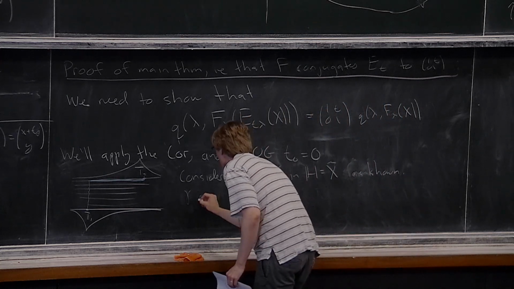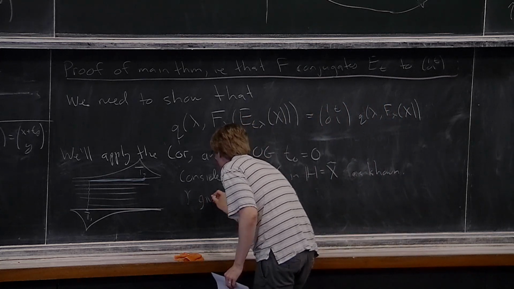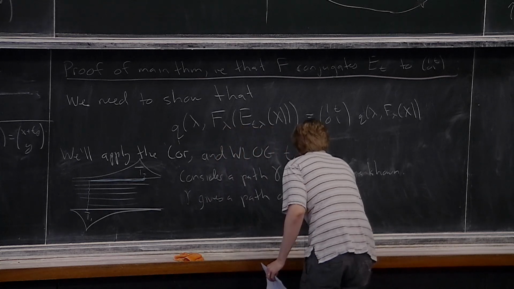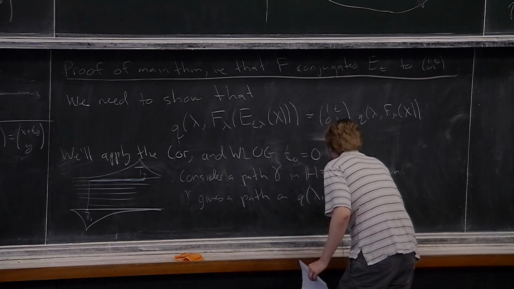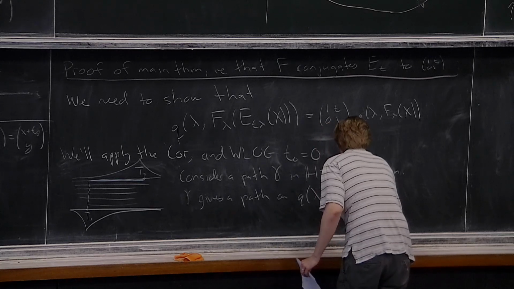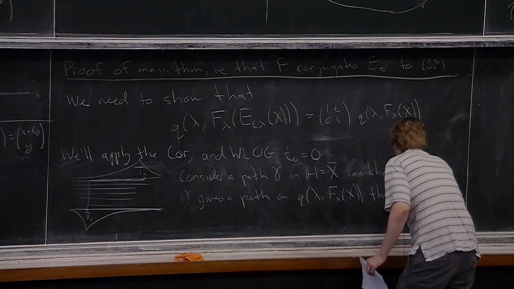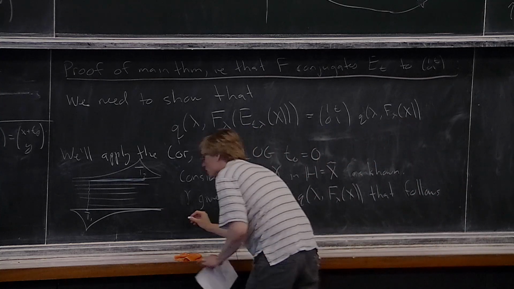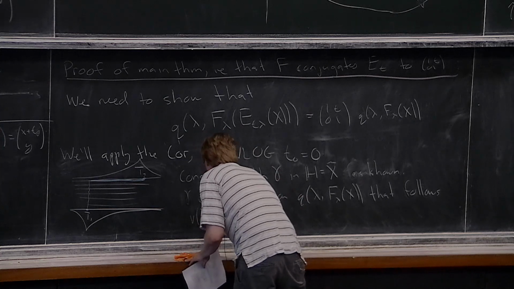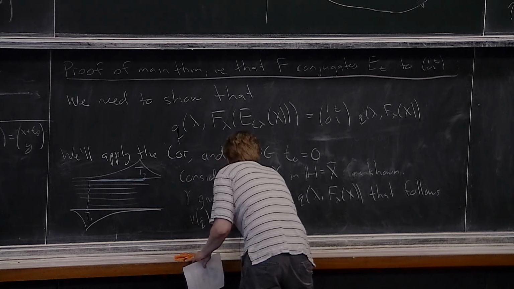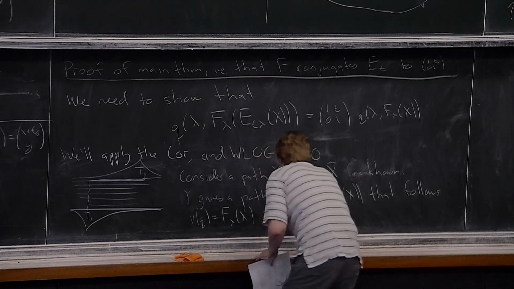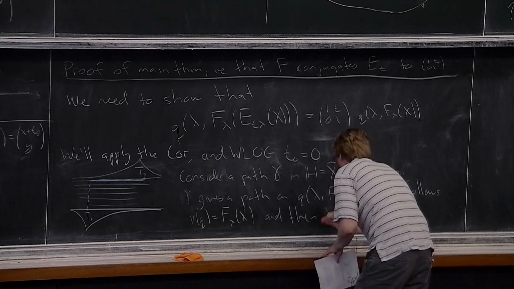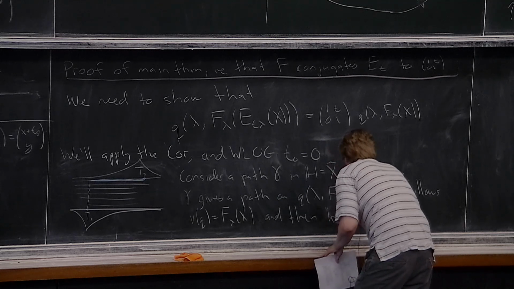So gamma gives a path on q lambda f lambda x that follows the vertical foliation, which is f lambda of x, and then the horizontal foliation of q, which is lambda.